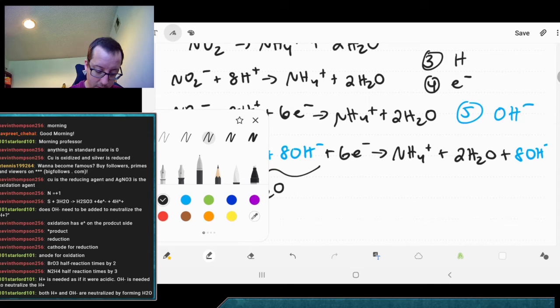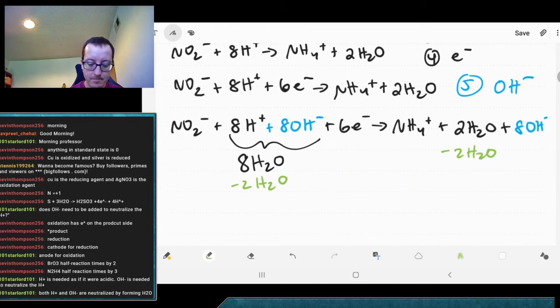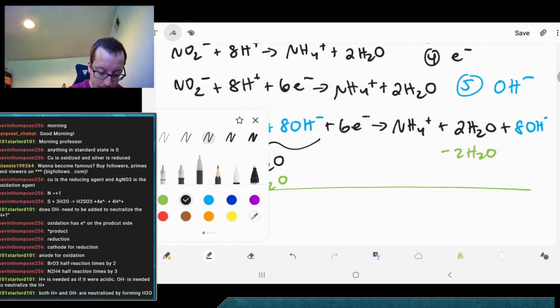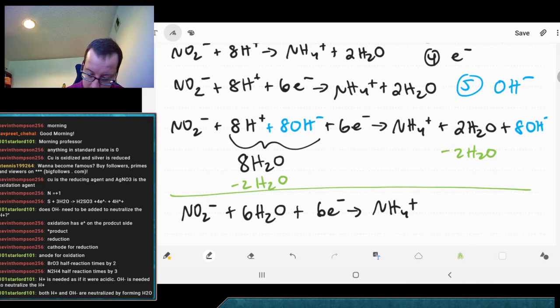So overall, let's just subtract 2 waters. And now what we're left with is our nitrite ion plus 6 waters and our ammonium and 8 hydroxide ions.